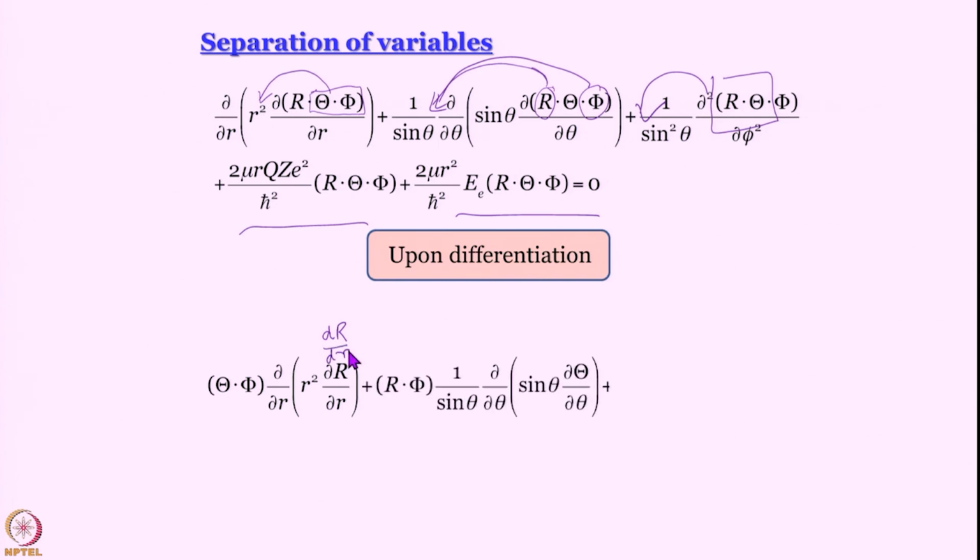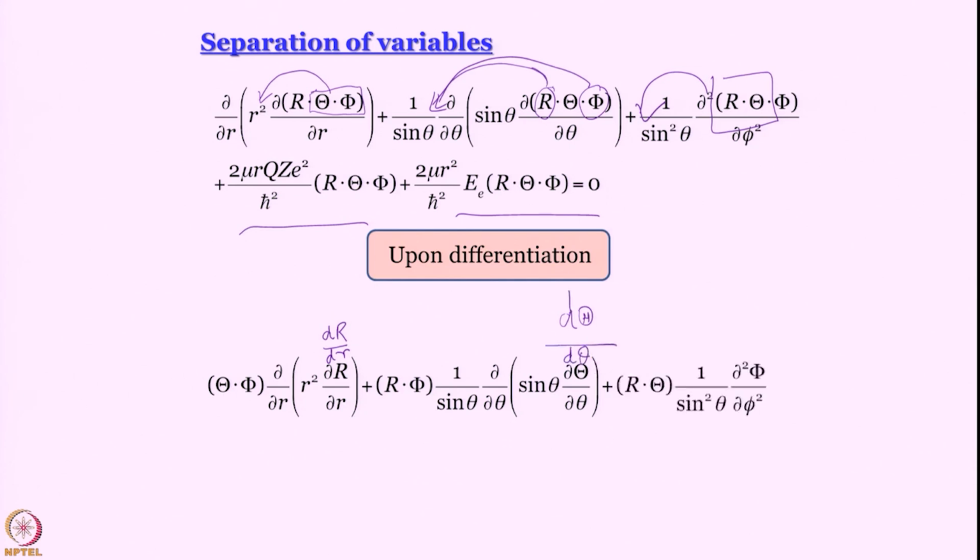Similarly, the second term we have capital R capital phi outside, 1 by sin theta del del theta of sin theta del capital theta. So, again I can write d capital theta d theta. There is no need of writing that del any longer.